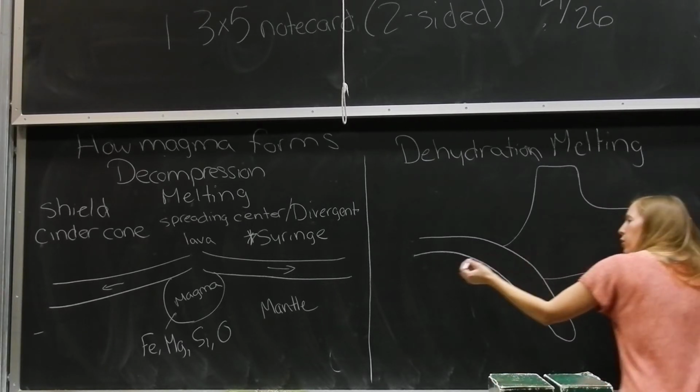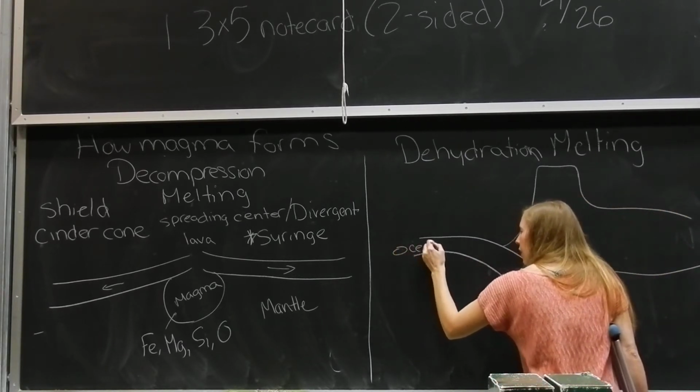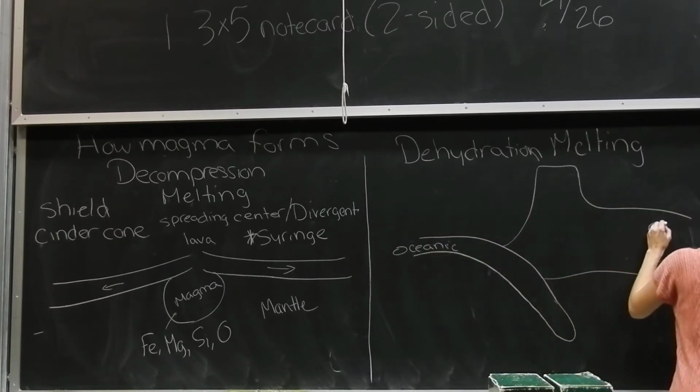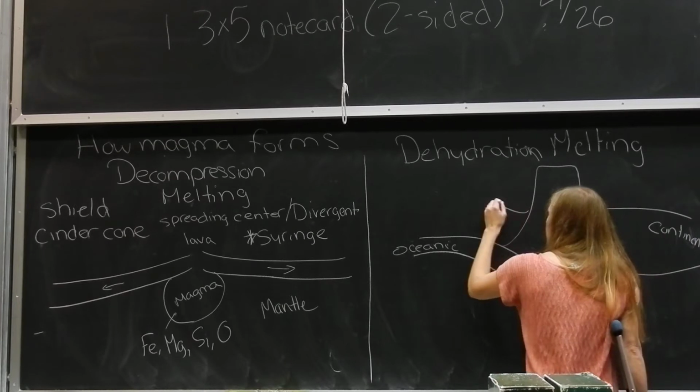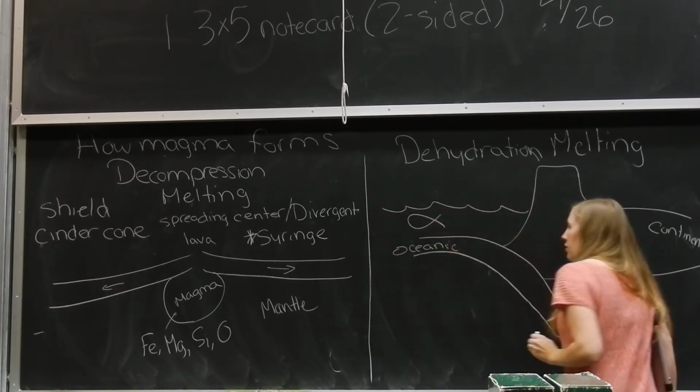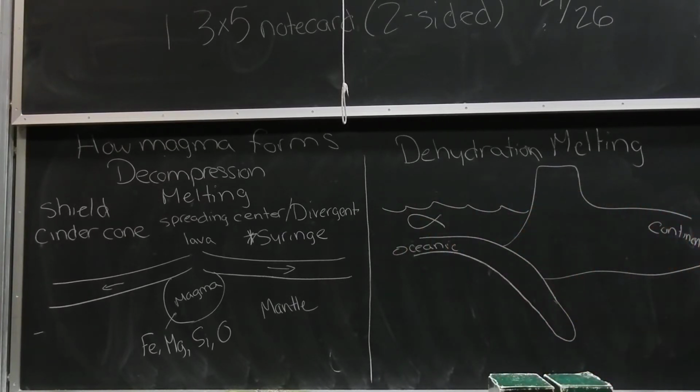All right, so we've got oceanic crust, continental crust, fishies. How does dehydration melting occur?